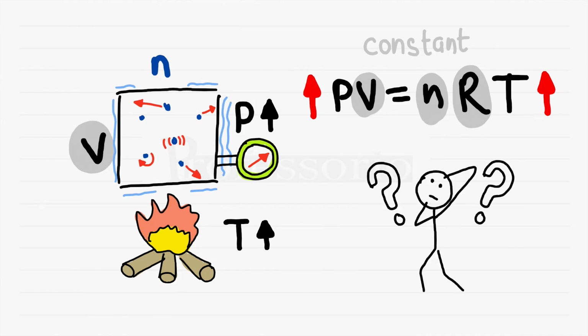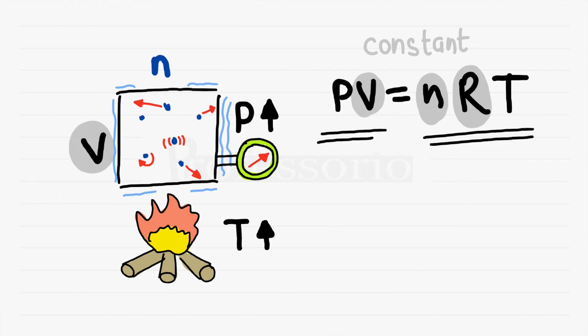If you are confused, how do we know when we raise the temperature, pressure should also rise? Then let me explain. This is just simple math. Both sides of the equation have to stay balanced. So if the temperature increases on the right side, the pressure must increase on the left side to keep the balance.